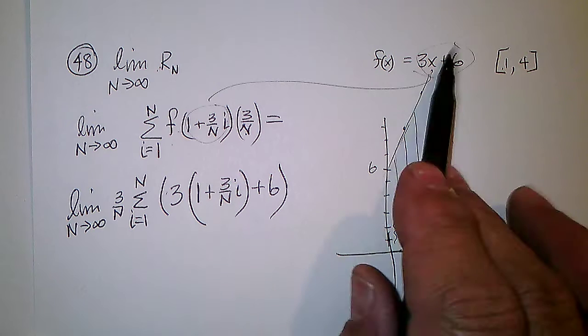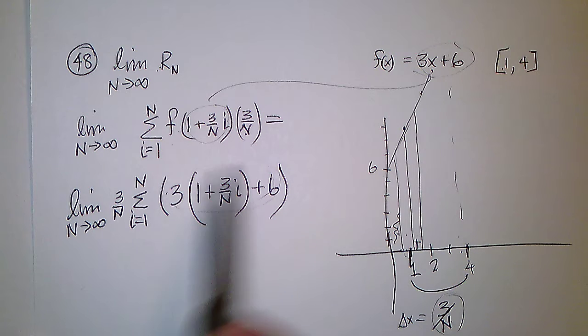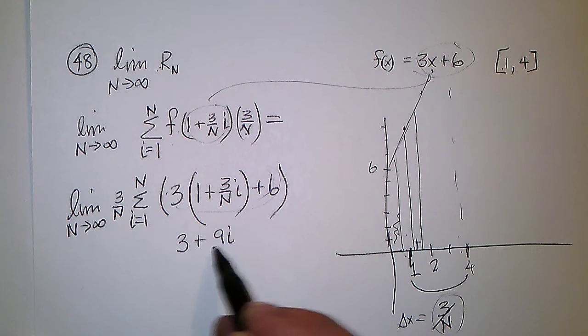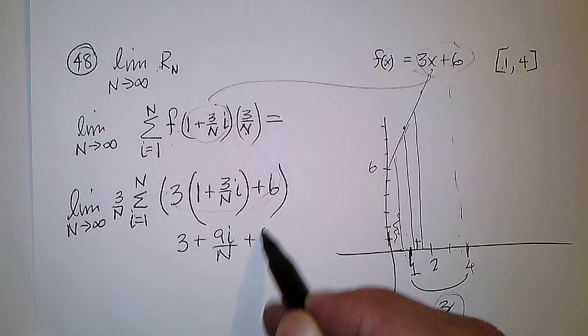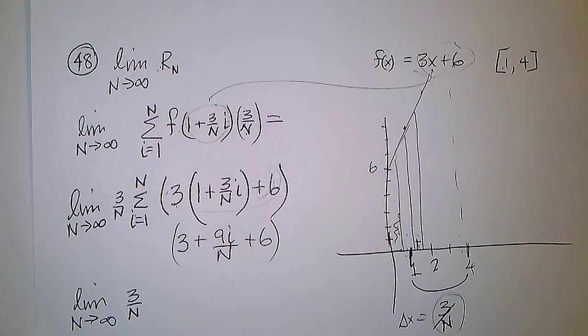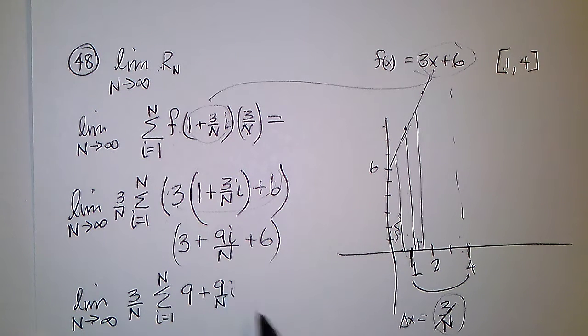So that's plugging this into f. Now I've got to find this sum. So I'm going to simplify this. So this is going to be 3 plus 9i over n plus 6. So I'm going to have the limit as n goes to infinity of 3 over n, the sum i from 1 to n of 3 plus 6 is 9, plus 9 over n i.